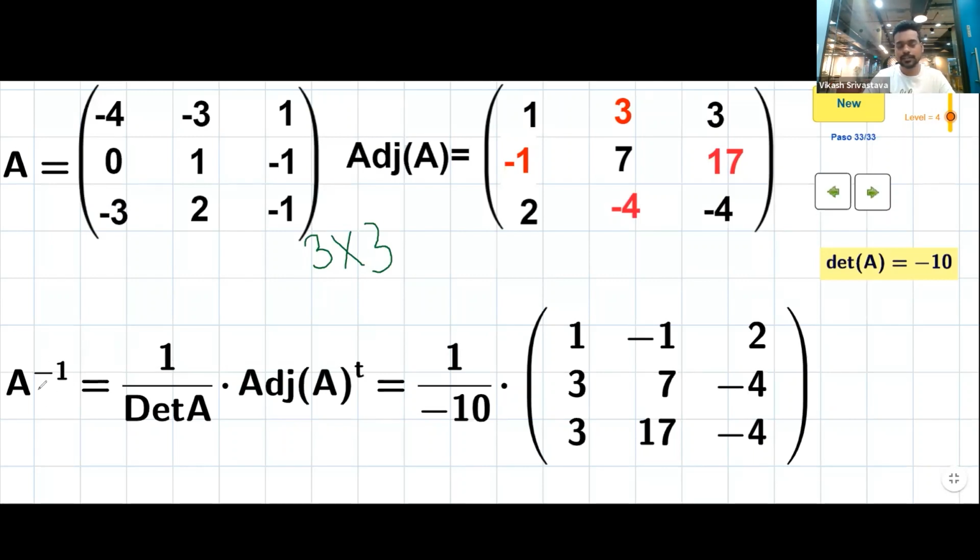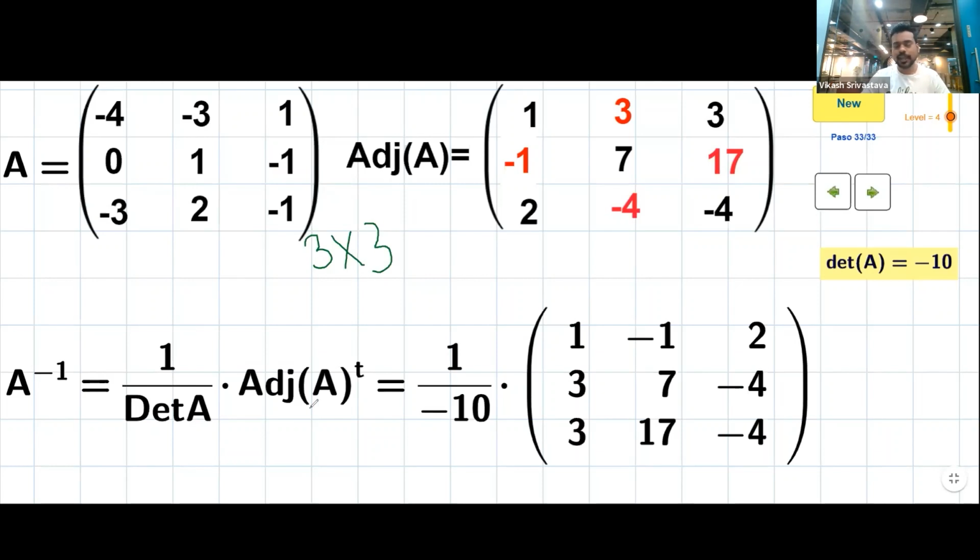The inverse of a matrix is denoted by A, and we write -1 as the power on top of it. To calculate the inverse, this is the formula which we'll use: 1 upon determinant of A. You can calculate the determinant of this square matrix, and whenever we talk about the inverse, we'll always say we're talking about the inverse of a square matrix, because only for square matrices can we calculate the determinant.